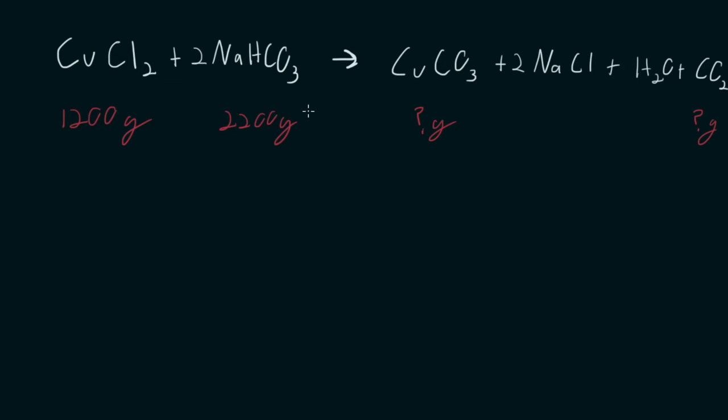So as I go through this reaction, I'm going to calculate both of these. I want to figure out how many grams of both of these I'm going to have. So CuCl2, first thing we're going to need to do is convert to moles, same with sodium bicarbonate, and then we need to figure out our limiting reactant. So just like always, let's start by finding our molar masses.